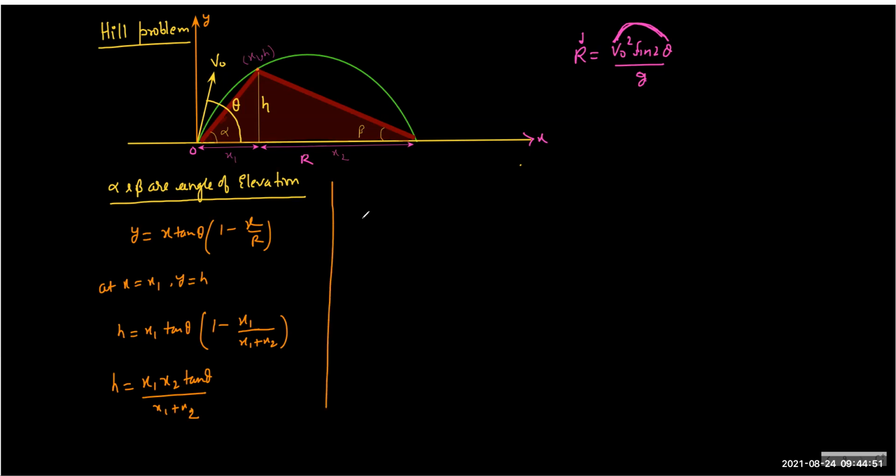And what we are looking for is tan theta, that is theta. So tan theta turns out to be (x1 plus x2) into h upon x1 x2. And if you look carefully, this will become h by x2 plus h by x1, if you multiply and divide by x1. And what is fascinating here is that h by x2 is tan beta, and h by x1 is tan alpha.